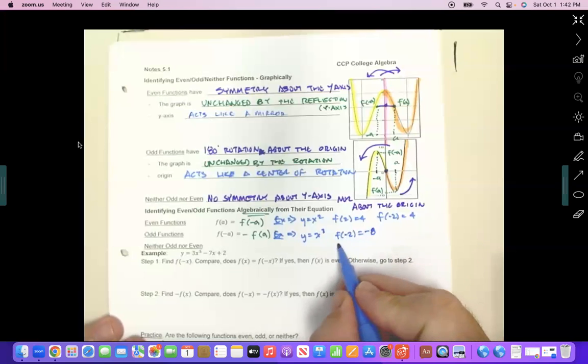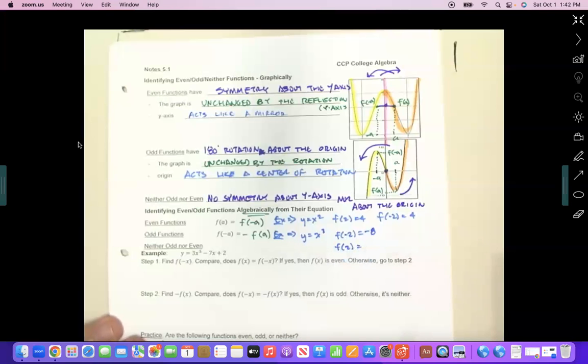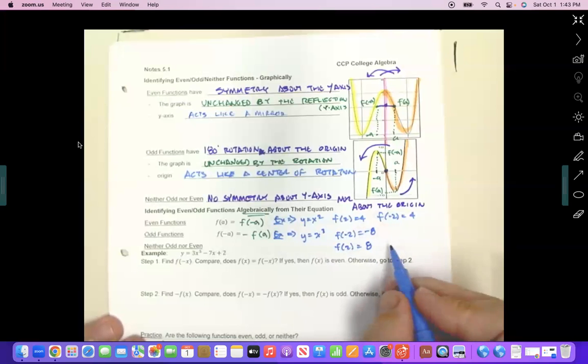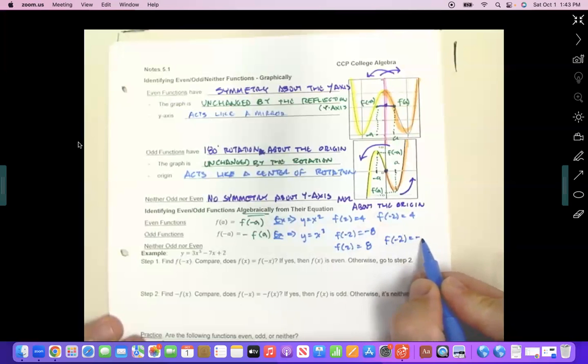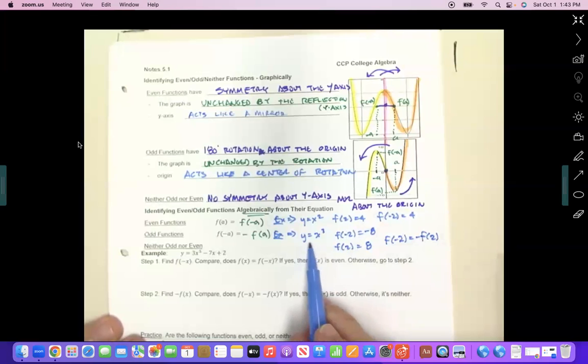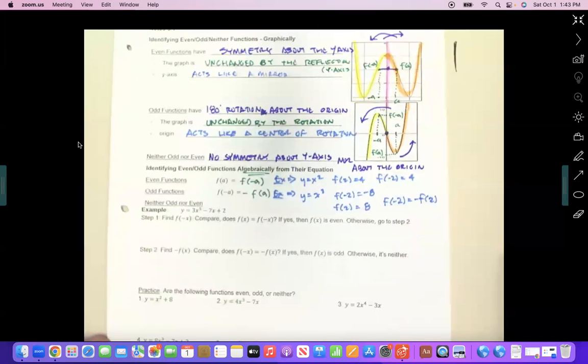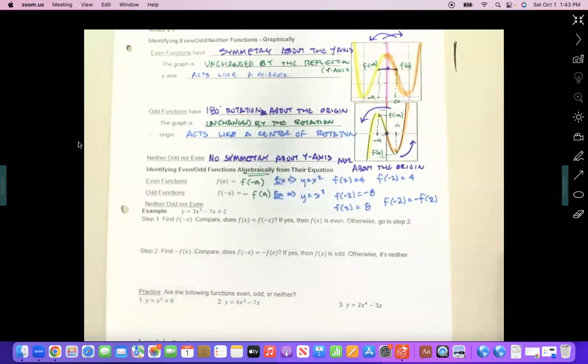If we substitute in 2 into the function, you'll see that we get a positive 8. Therefore, f of negative 2 equals the opposite of f of 2 and confirms that y equals x cubed is an odd function.